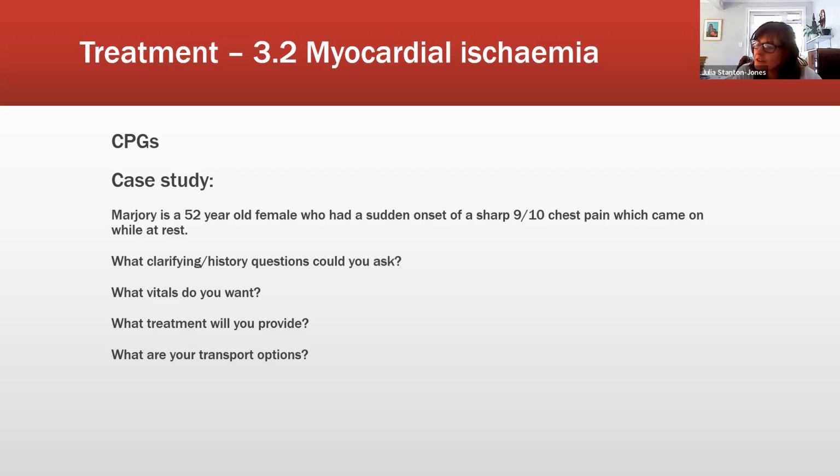So after we've given that GTN and we're lying her flat nicely, her pain's gone down. What about her CRT? And we got a blood pressure. Any improvement in her capillary refill time? No, not at this stage.